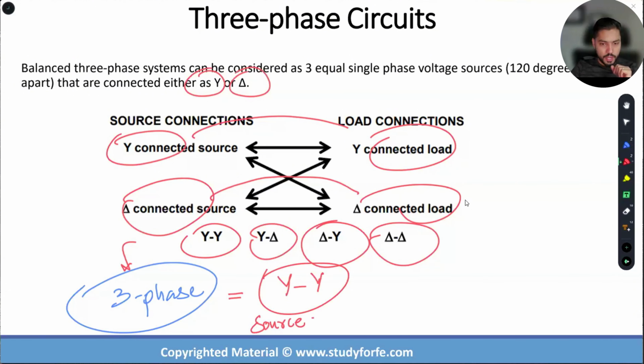And on the load side, it's the same story. If your load impedance is given in Y, good for you. If it's not given in Y, you have to convert it into a Y from a delta. And fortunately, we have some very easy transformations that we can do.